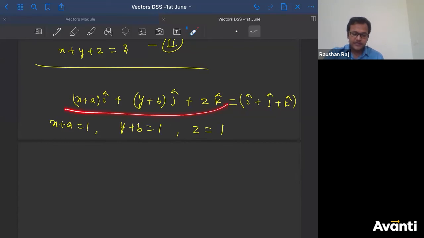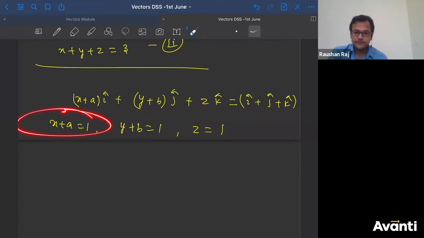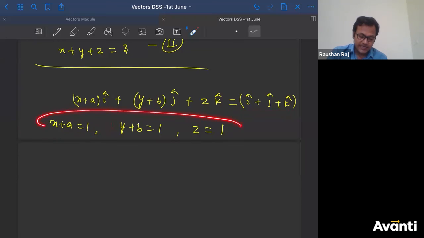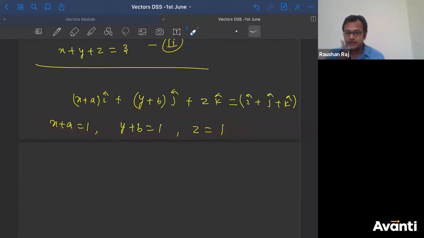Because the x component of this vector is x plus a, and the x component of the right hand vector is 1, they should be equal. Similarly, y plus b and 1 must be equal. We cannot write these individually. If this vector is equal to this vector, all three equalities must hold true at the same time.